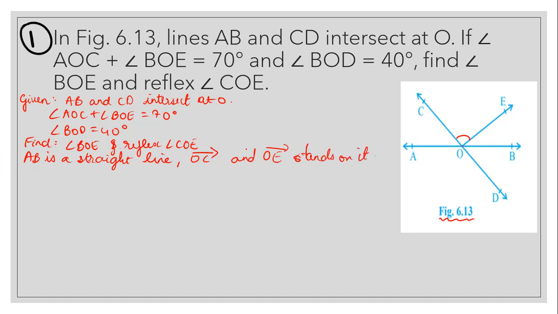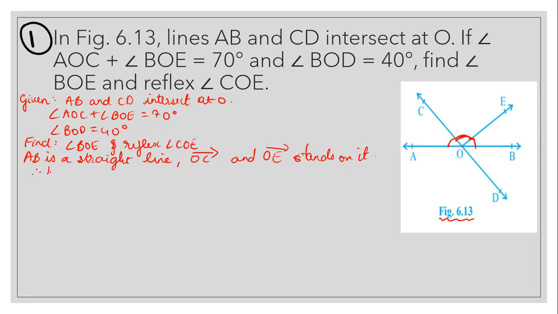We know that angle AOC, that is this angle, plus angle COE, that is this one, plus angle BOE gives us 180 degrees when we add these three together. Why? Because it's a straight angle.